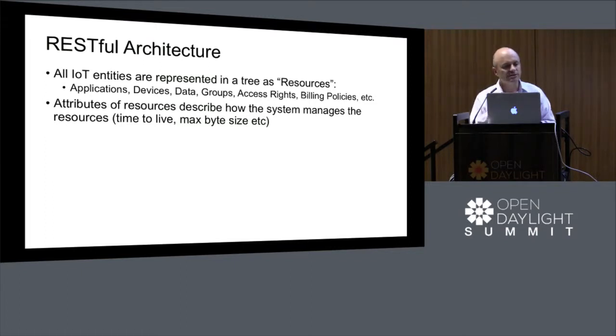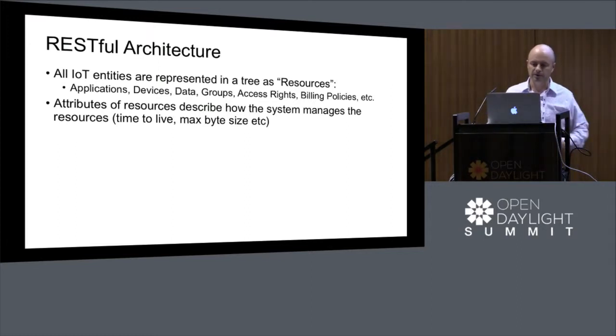Each resource has some set of attributes, and those attributes will tell IoT DM how to manage this tree, because if you accept the data without any condition, at some point you'll bubble up and you'll explode. So there are some rules that you can associate with the resources, and you tell IoT DM, I want to keep those resources for a certain while, I'm going to recycle those resources, I don't need to have more children for this specific branch of the tree, and so on.